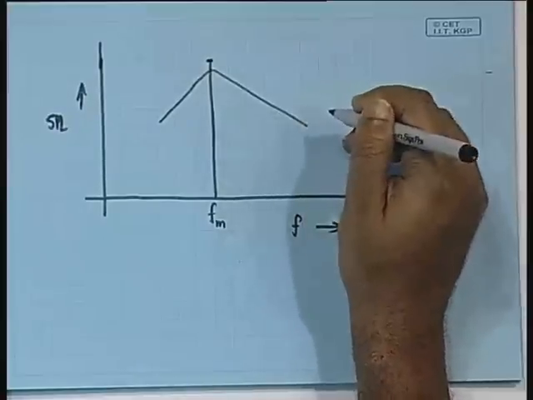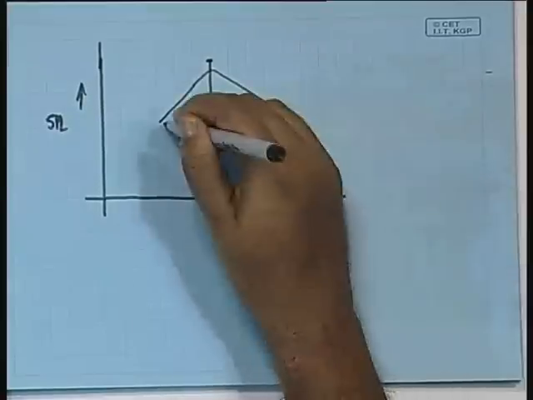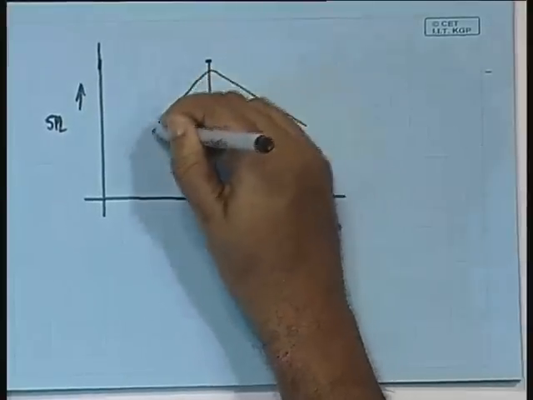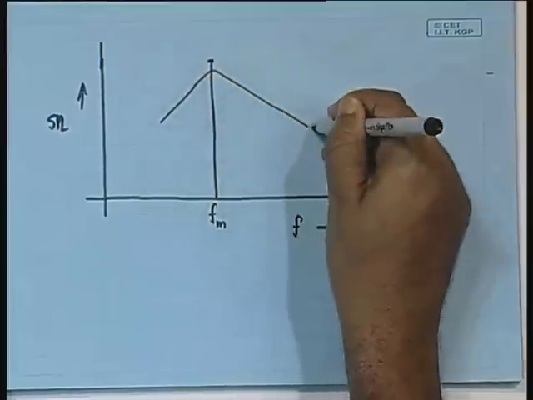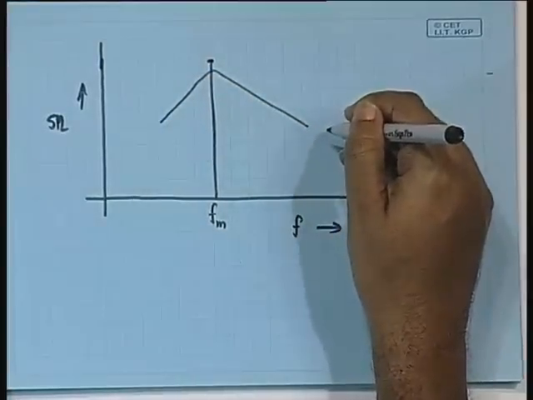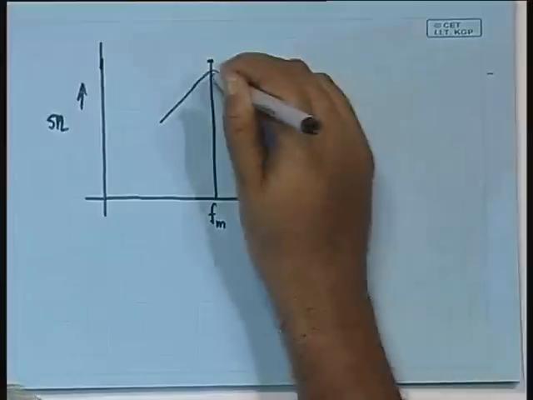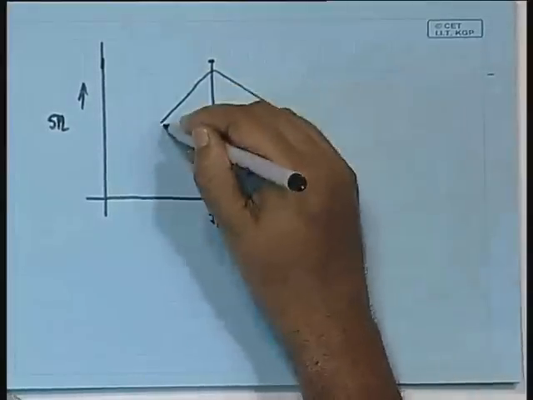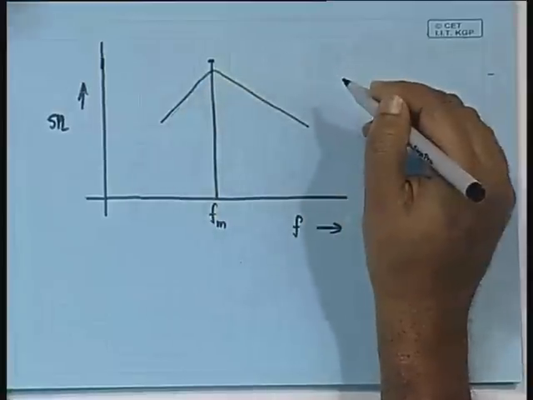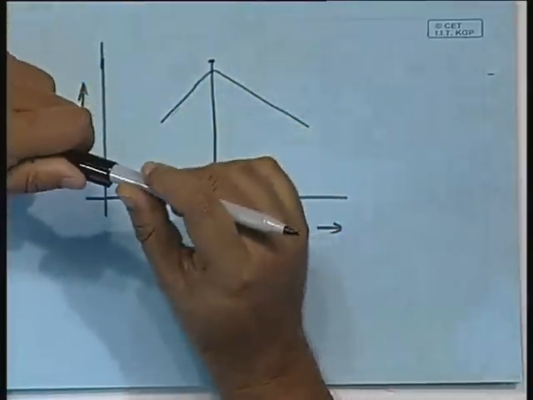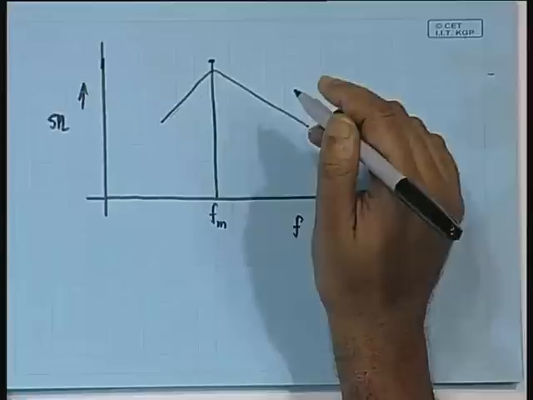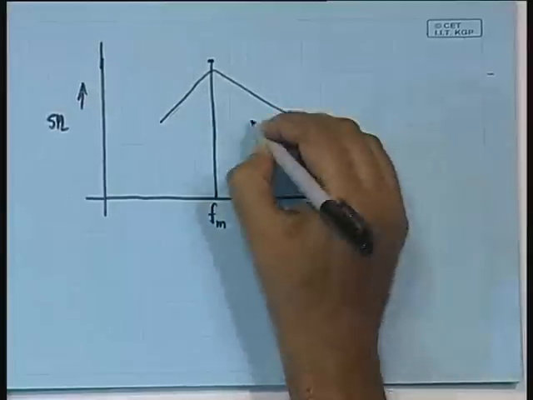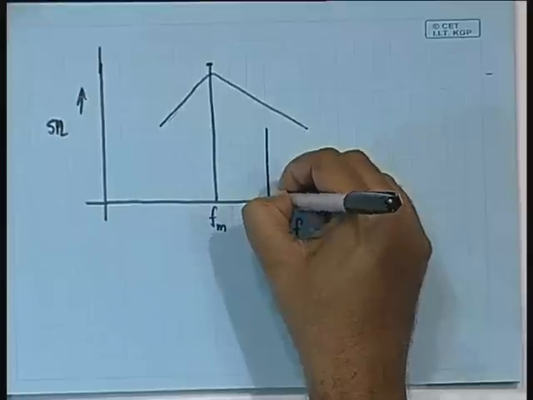You can see that I purposefully tried to keep the slope on the left hand side steeper as compared to the slope on the right hand side. The slope on the right hand side is much flatter as compared to the steep slope that I have indicated over here. Now, supposing we have a noise source that is present over here.